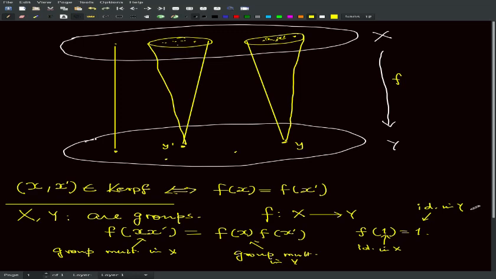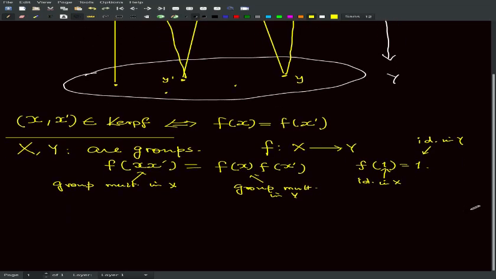Okay? Now, there is something nice about groups. You see, the one element set, although I write like this, I should write like this because that's how we said we would denote the one element set.